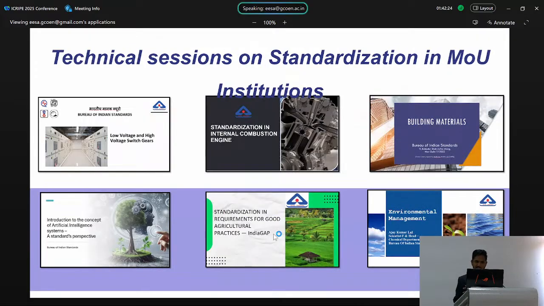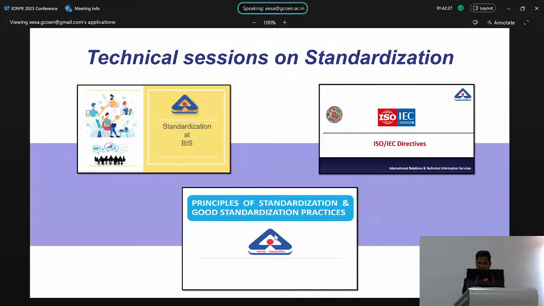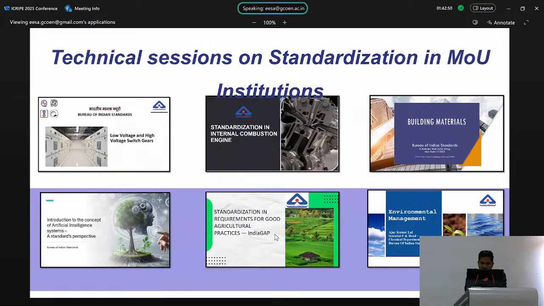The first one is standardization at BIS, regarding the activity of standardization that is carried out at BIS. The second one is the ISO/IEC Directives, the international standardization directives. Then principles of standardization and good standardization practices. These are related to the Bureau of Indian Standards and how a standard is prepared. Then for the electrical department, we have low voltage and high voltage switchgears; there is a technical session on this.